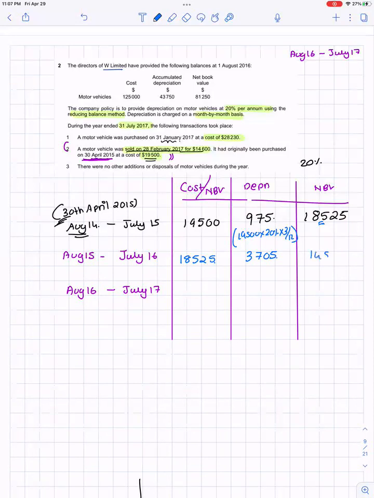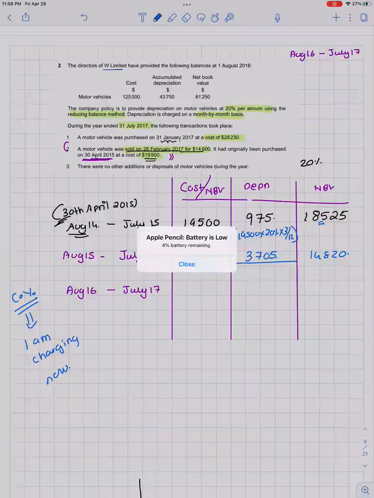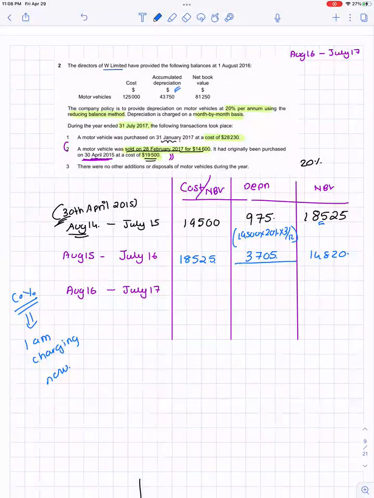This is 14,820. Now this is my current year whose depreciation I am charging now. That means the accumulated depreciation that was already included in this was how much? 3,705 plus 975, that is 4680.